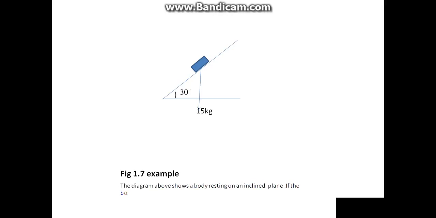Figure 1.7 example. The diagram above shows a body resting on an inclined plane. If the body slides down the plane, what will be its acceleration? Take force of gravity g equal to 10 meters per second squared.